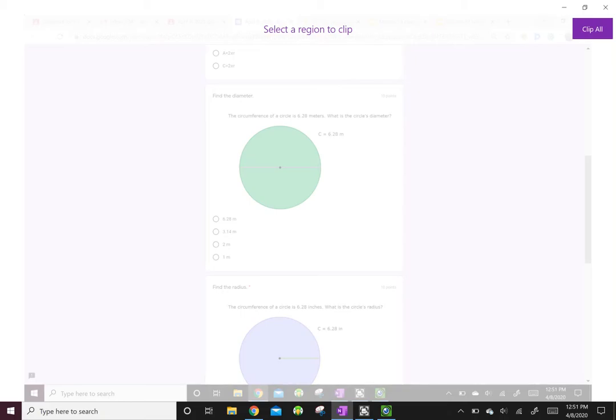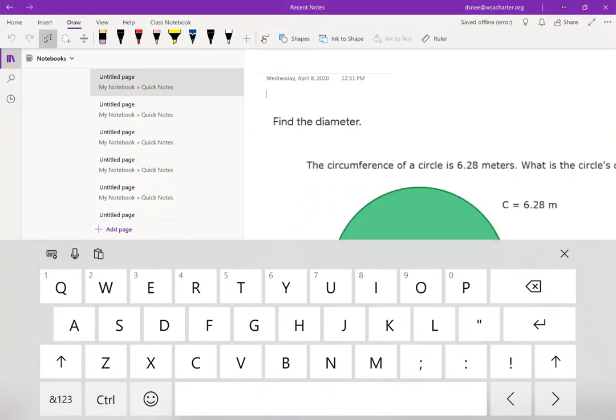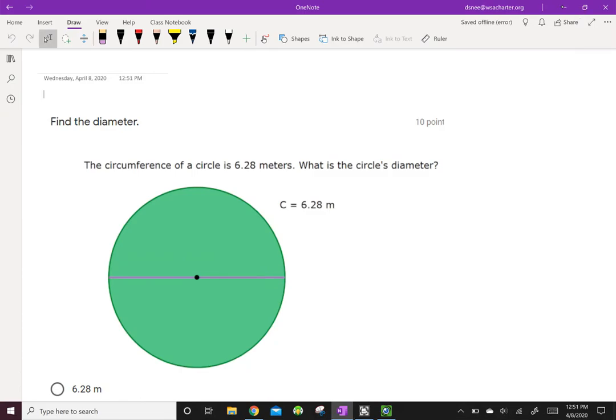These are just like the IXL problems. It says find the diameter if you have the circumference. Okay, so C equals pi times the diameter. So 6.28 equals pi times the diameter.